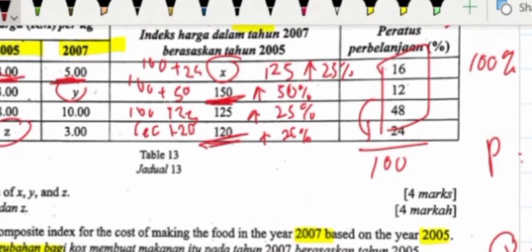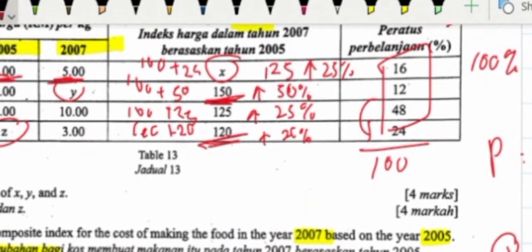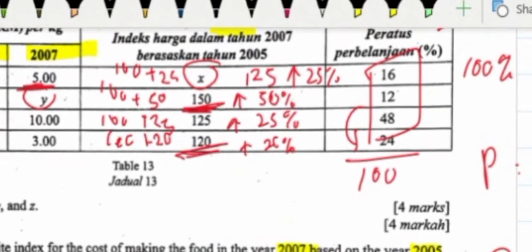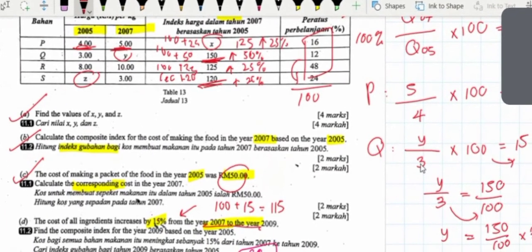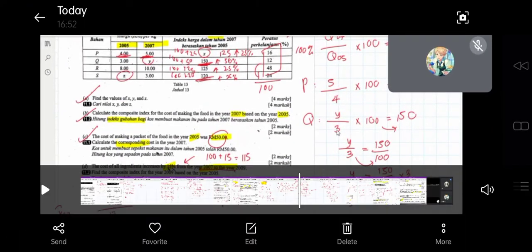Since this is 125, basically it increased 25%. Then this is 150, so it increases by 50%. If it's 125, 25%, 120, 20%. That's what she said. Then we continue.